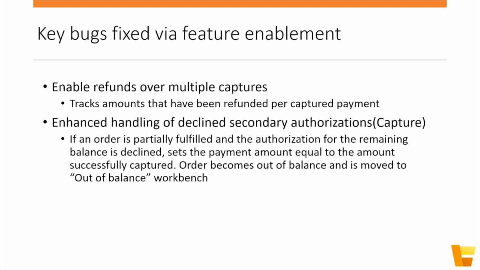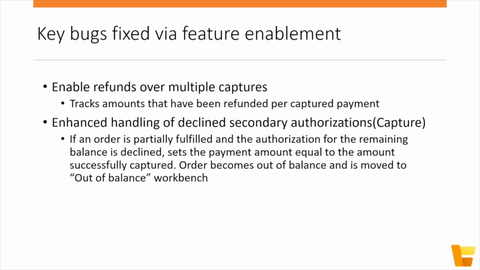Then there's enhanced handling of secondary authorizations. If you think about that same scenario where I ship $500 worth of goods and invoice $500, capturing that payment, then we go get a new authorization for the remaining $500 balance on the order. With this feature enabled, if the subsequent authorization for the remaining $500 fails, then we change the tender line amount on this order to equal the amount that was captured.